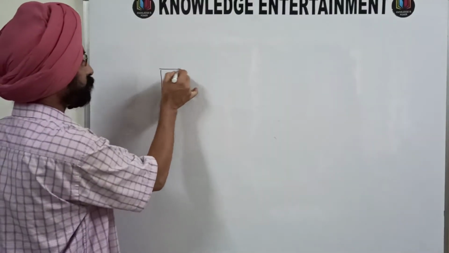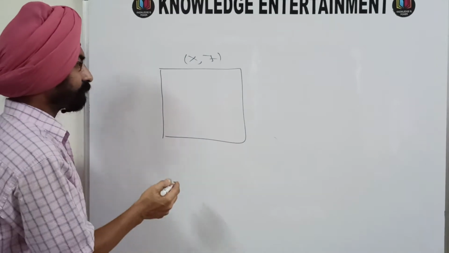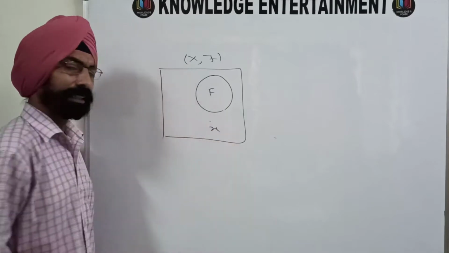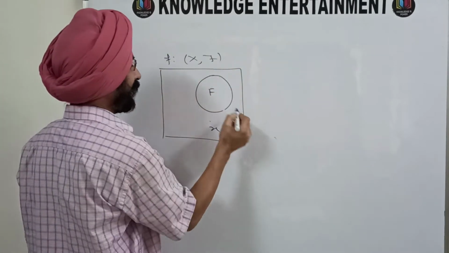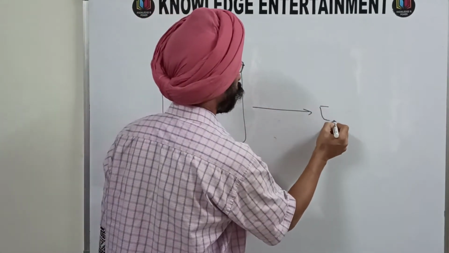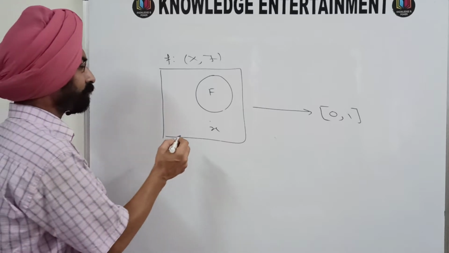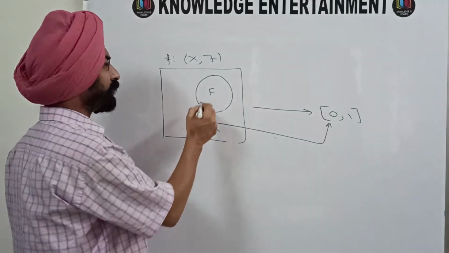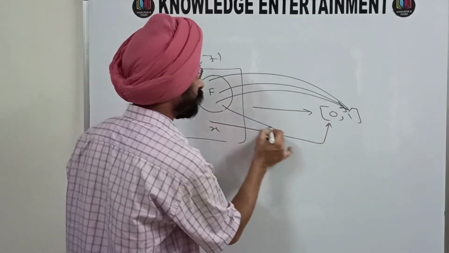Here we have the space X with the topology tau defined on it, and if you take any closed set F and a point x not belonging to F, then there will be a map f from X to the closed interval [0, 1], such that the image of this x is 0 and the image of every point inside the set F is 1.